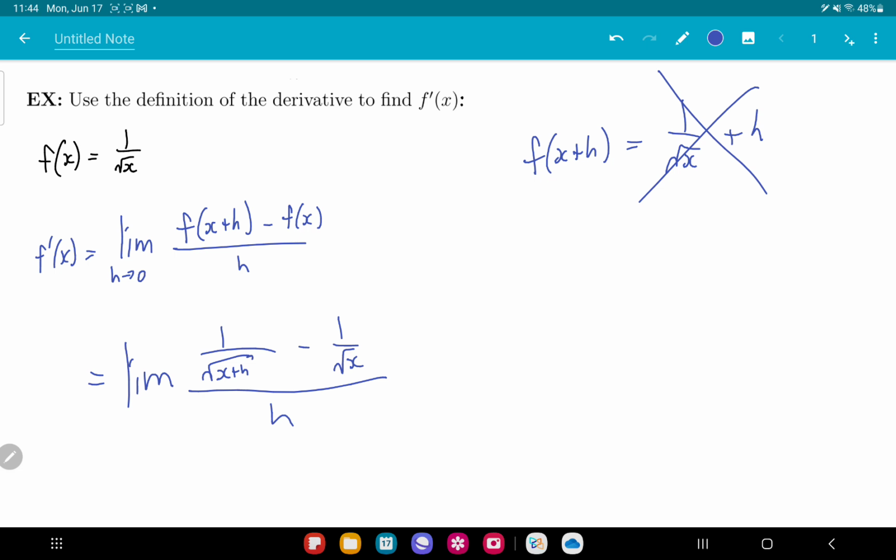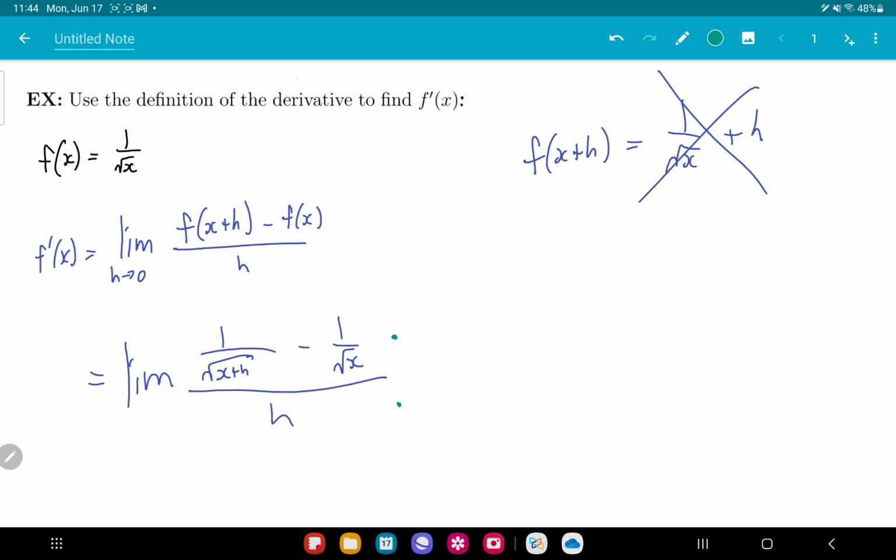Okay, I got a fraction, or some fractions, inside a larger fraction. So what I often do is I multiply top and bottom by the same thing. And that thing is chosen so that my denominators will go away upstairs.